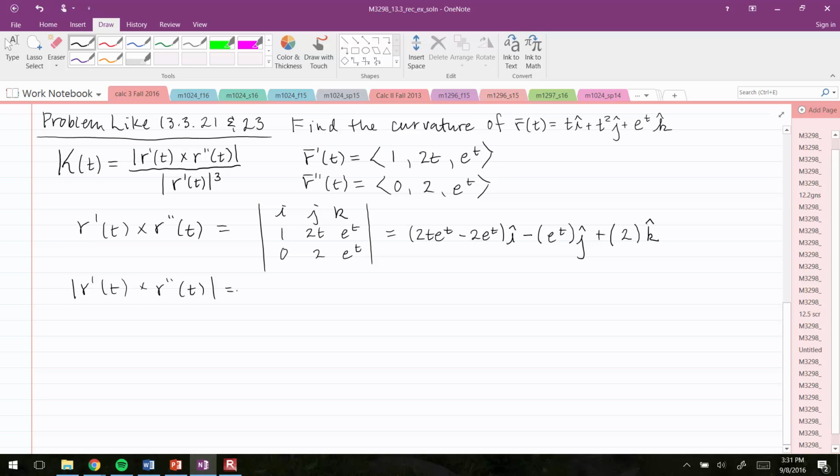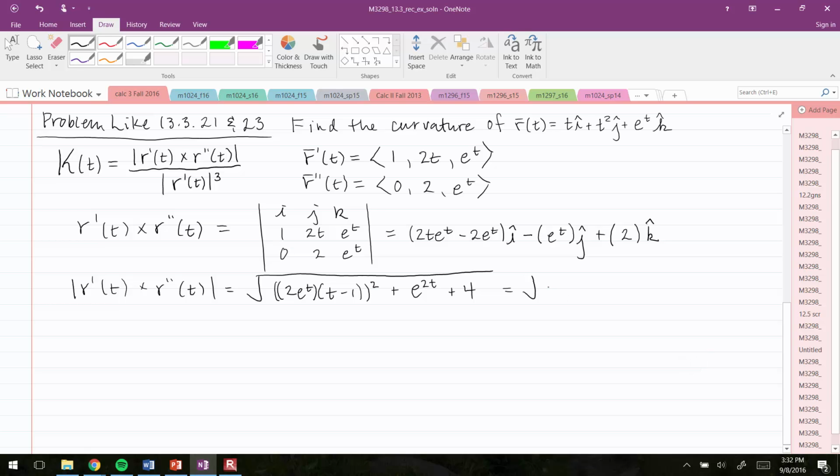Alright, so what do we got here? Root. And then thinking ahead here, I'm going to write this 2 e to the t factored out from the t minus 1, that quantity squared. Then I'm going to have plus e to the 2t when I square negative e to the t, and then plus 4. See if this boils down a bit.